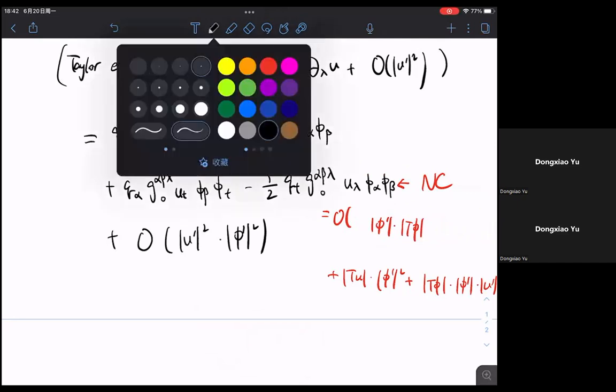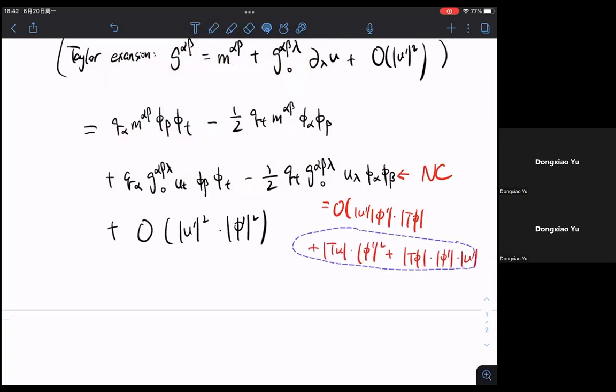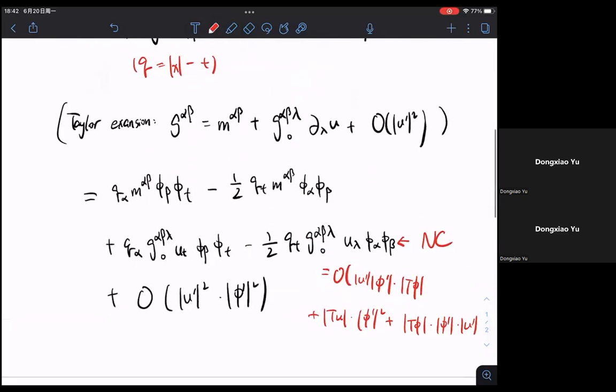That means we need to multiply everything by U prime, so that this is what we get at last. So we have three cubic terms here, and in each of these cubic terms, we have at least one tangential derivative. That is nice. So this gives us the bounds for the second row in this expansion of R2.